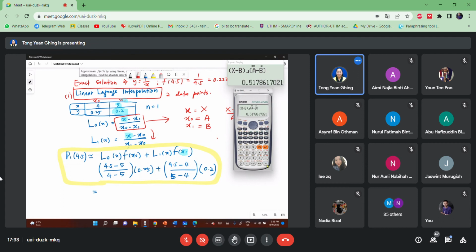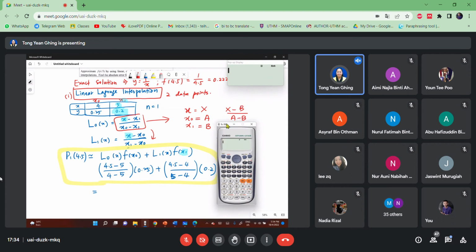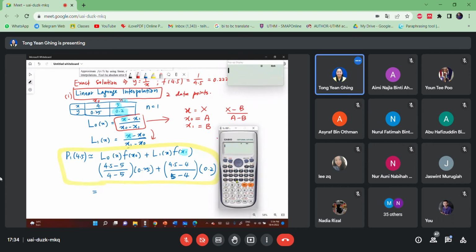Why does it give the answer directly? Oh, because this is in math mode. Now go back to complex mode. Go to this formula: alpha x minus alpha b divided by alpha a minus alpha b.